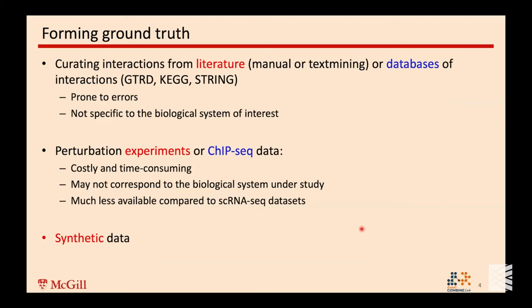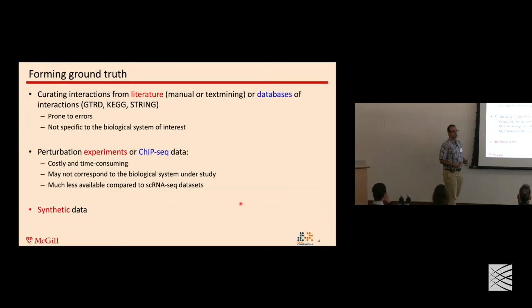But maybe more importantly, we know that these GRNs are context-specific, they're tissue-specific, they're cell type-specific. But when we are relying on a single database, in most cases, you're aggregating over many different conditions in order to have statistical power, which means that your ground truth ends up being not specific to the biological system that you may be interested in studying, and you may have, for example, single-cell RNA-seq data to study it.